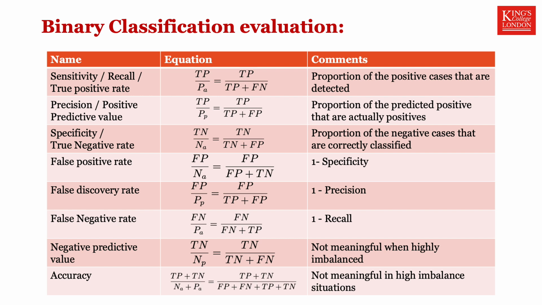When looking at the predictions, then you may want to look at the precision, or what we call the positive predicted value. So among all the predicted positives, which are the ones that are actually positives? So it's true positives divided by true positives plus false positives.